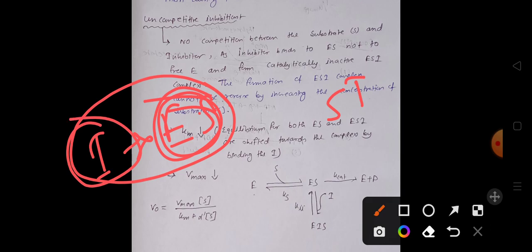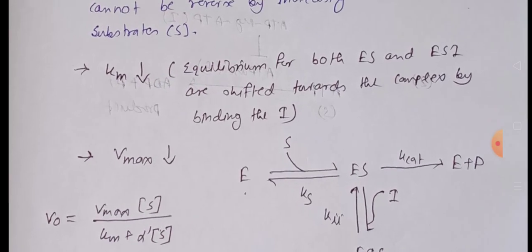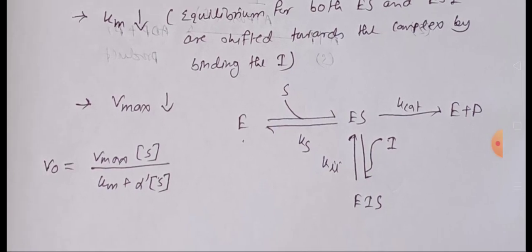That means the inhibitor binds with some other portion of the enzyme instead of the active site, right? So now, to determine whether Km will decrease, increase or be unchanged, and what the effect on Vmax will be, first we have to see the figure, right?